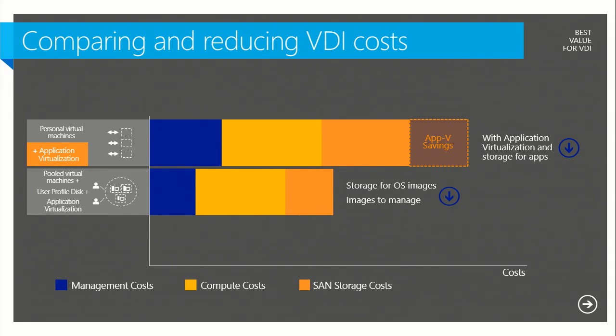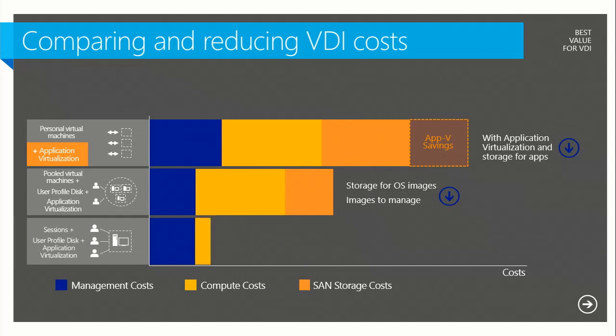I turn on application virtualization. I turn on user profile disk, so users still get their personalization. I've saved some money there. If you really want to save money, if you really want to deliver desktops cheaply, session host servers, remote desktops, good old classic terminal server. We manage it all the same way here. You get twice the density on the same hardware.